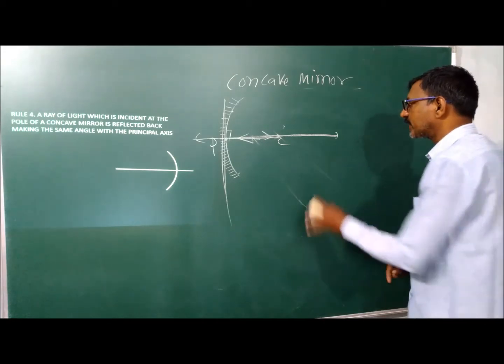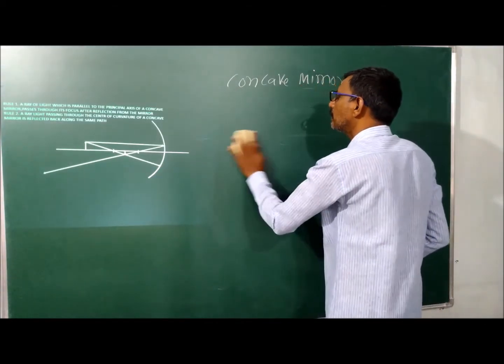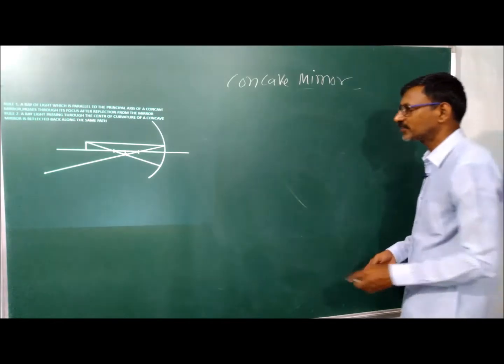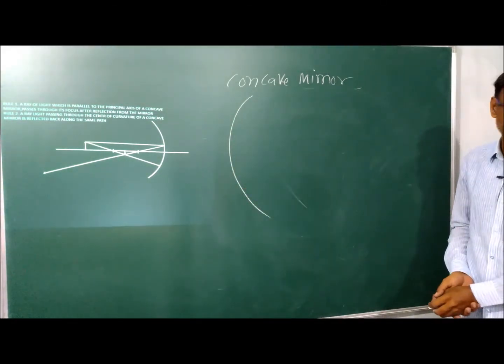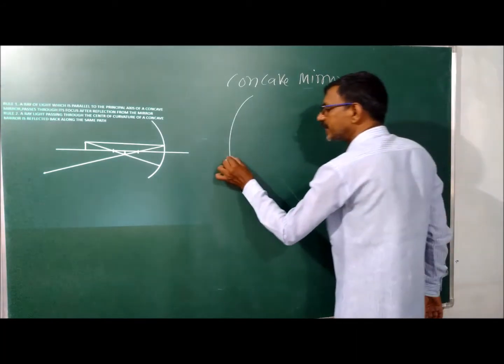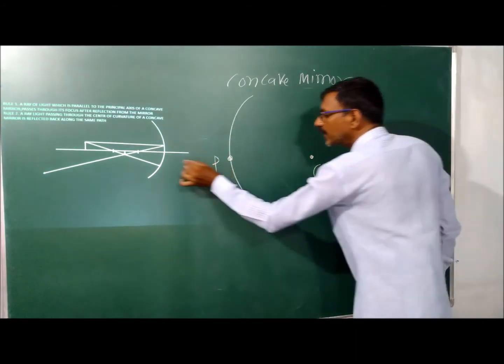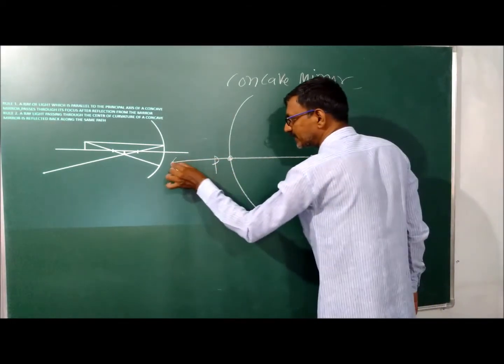Let us start with an object placed beyond the center of curvature, that is C. That is very, very important. Here I would like to use two rules. This is my pole and this is my center of curvature. By joining P and C we get the principal axis.